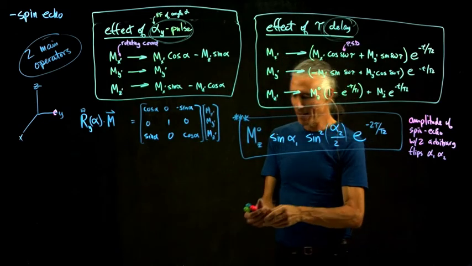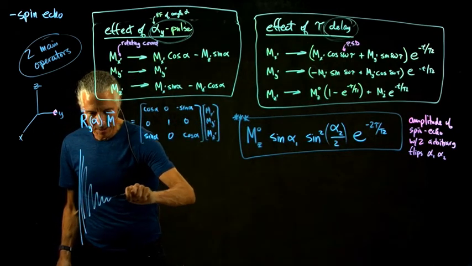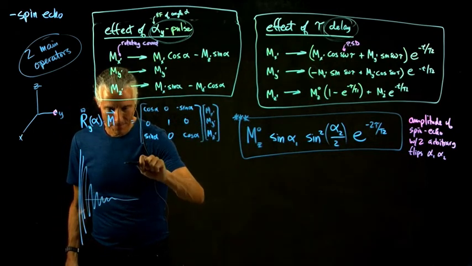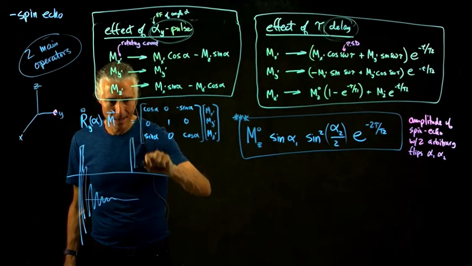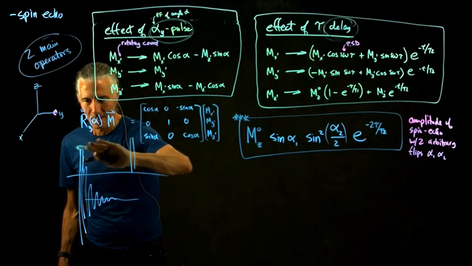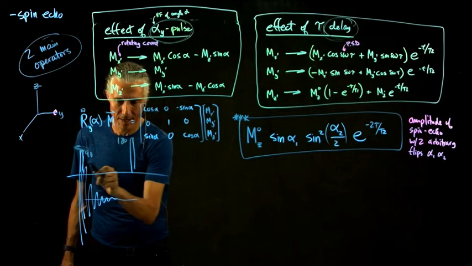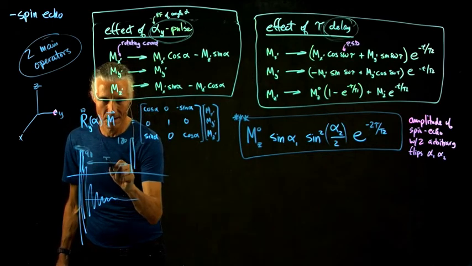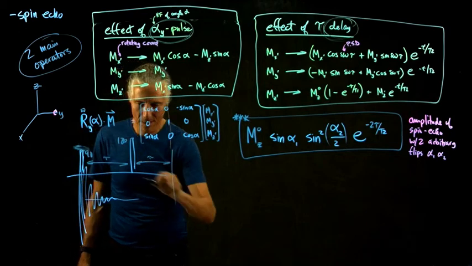I always write down, here's an RF pulse, and then here's the 180, so 90, 180, then we wait tau later, and we get an echo.